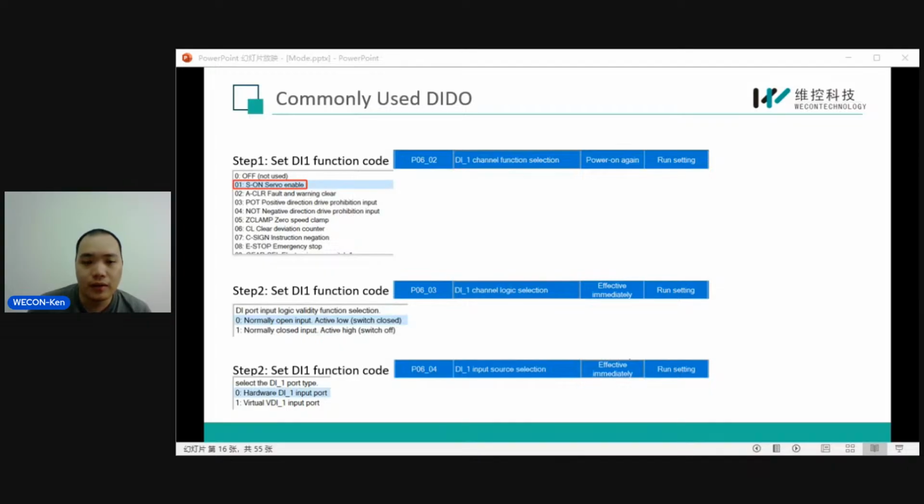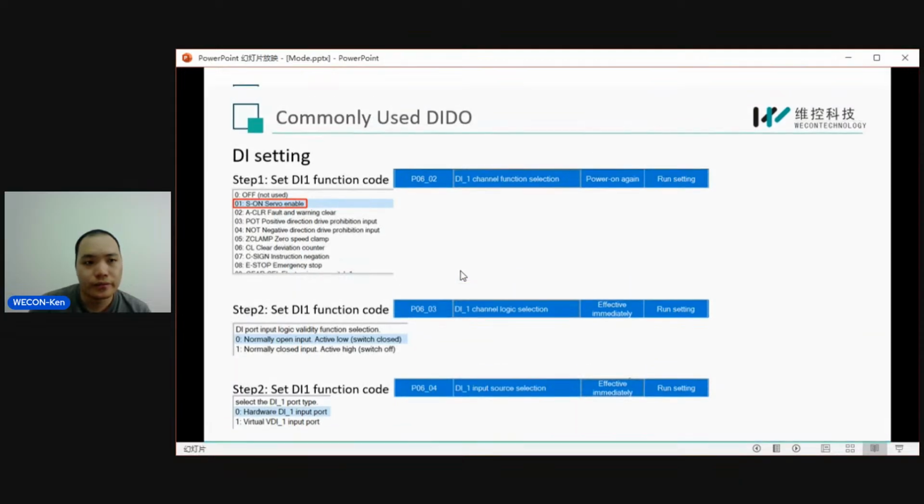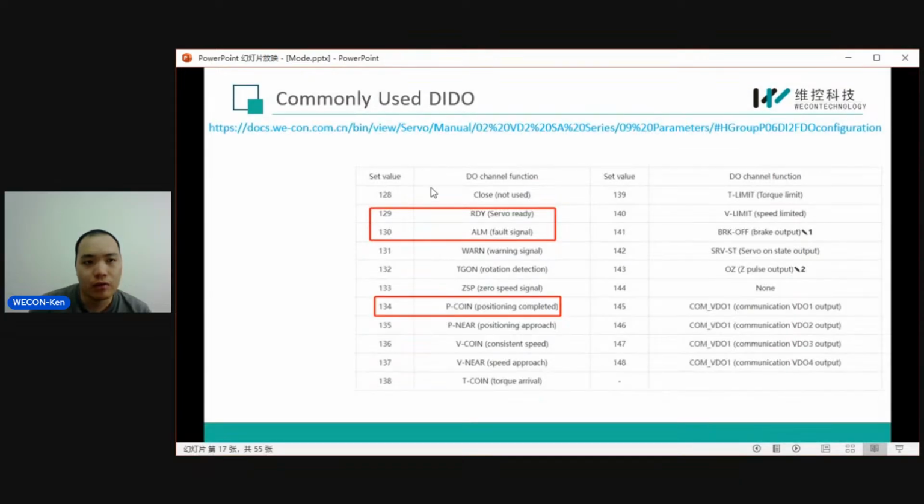And when you set it to use hardware input, it means you cannot use the virtual input to send a signal. Its DO function is the same as DI.